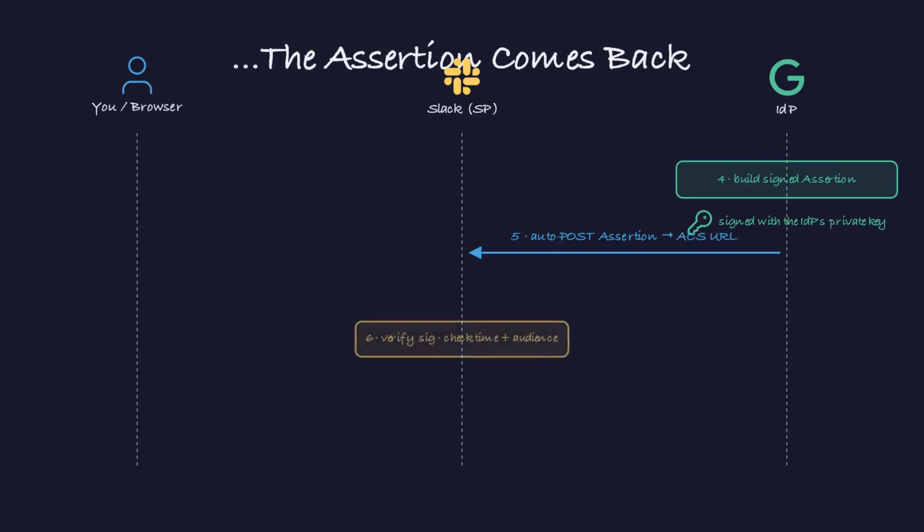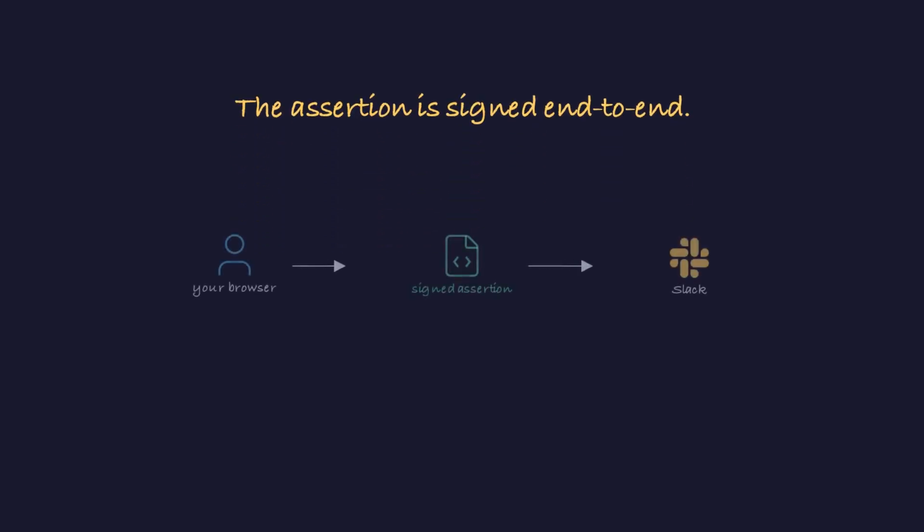Step 6, Slack decodes it, verifies the signature with the IdP's public certificate, checks the timestamps and the audience, and creates your session. You're in. Here's the critical part. The assertion is signed end-to-end. Even though it travels through your browser, it can't be forged or tampered with. That would break the signature.